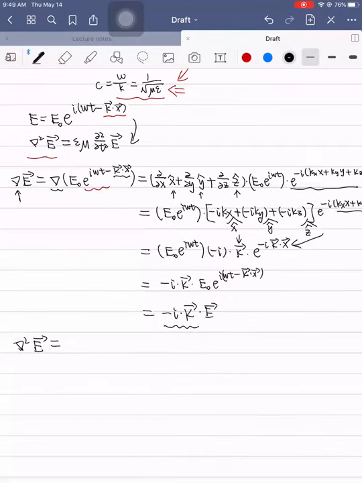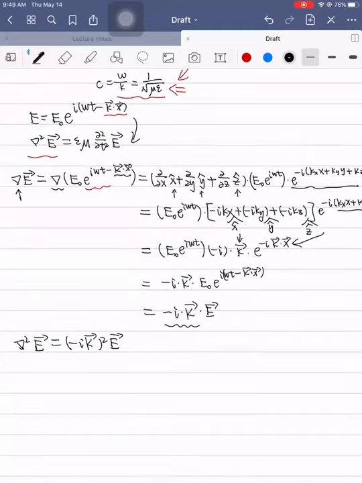We just take out these terms twice, so we can get the square of it, multiplied by E. The same as this time derivative. If you take one time derivative of E, you will pull out this i omega.